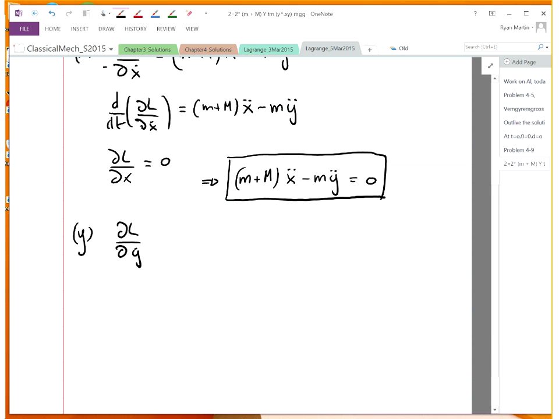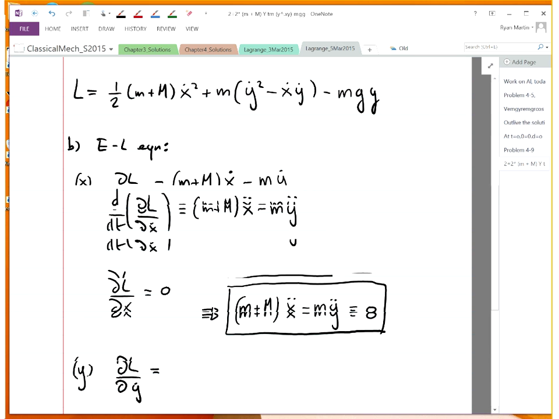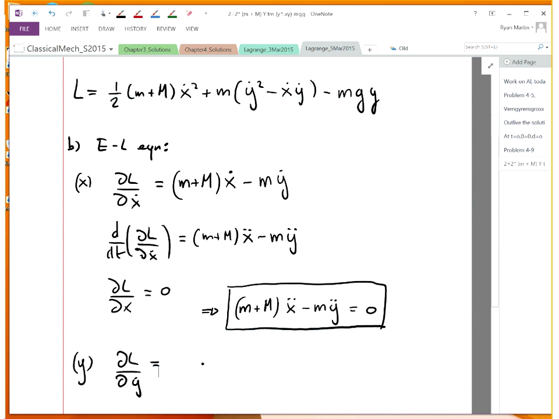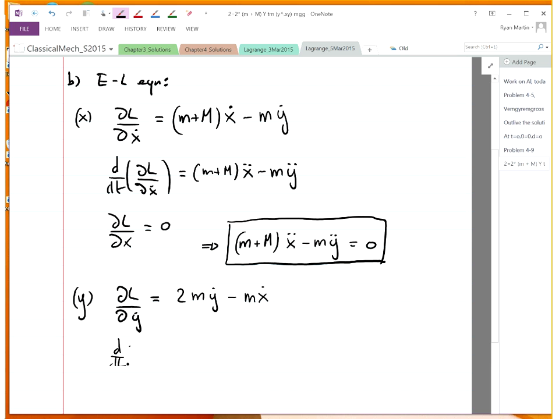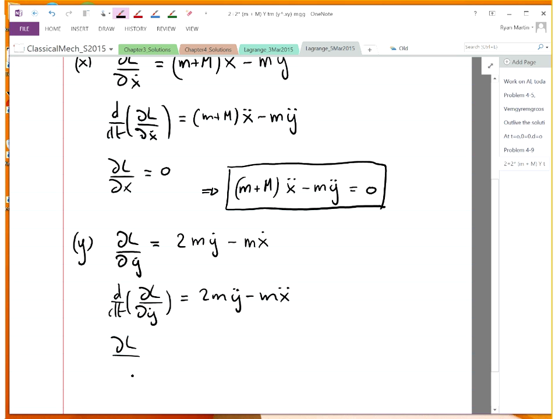Now let's do the same thing for y. We need ∂L/∂y dot. We have 2m y dot from the first term, and then minus m x dot for the second term. We need d by dt of that, so that's 2m y double dot minus m x double dot.